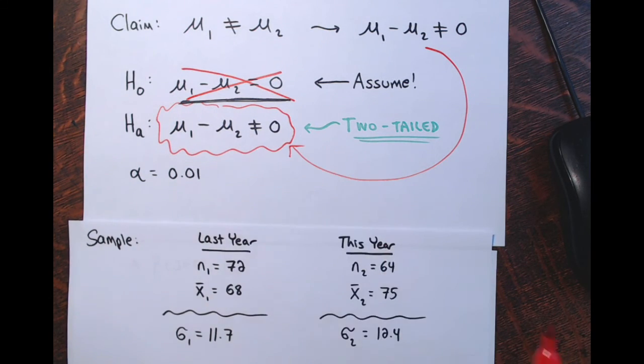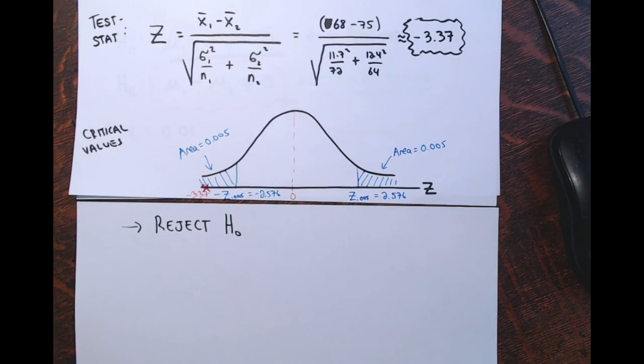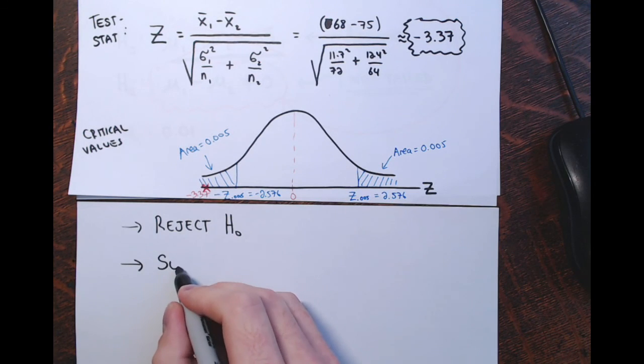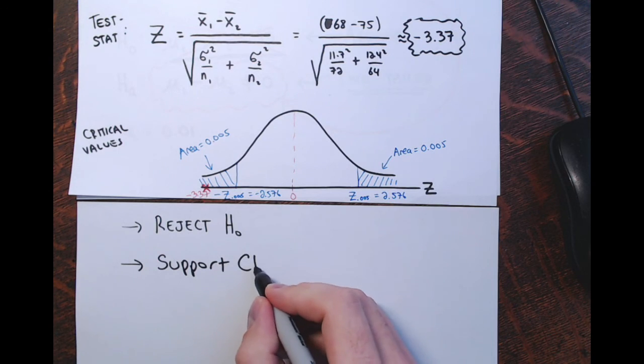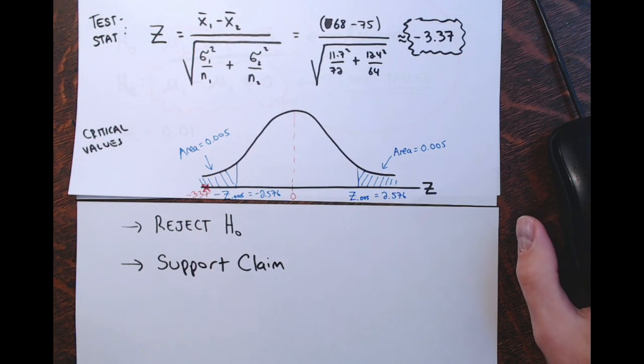So that's what I end up stating. We rejected the null hypothesis, therefore we're going to support the alternative hypothesis, which was the claim. I would say that there's enough evidence in these samples to support that claim that there is a difference between the averages from last year and this year.